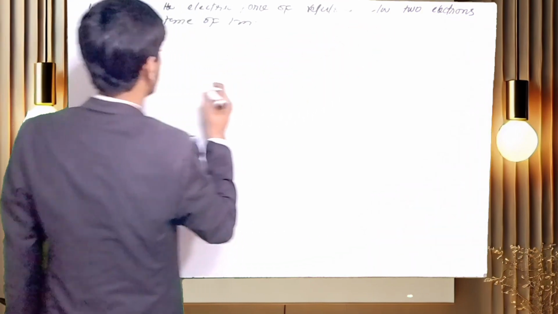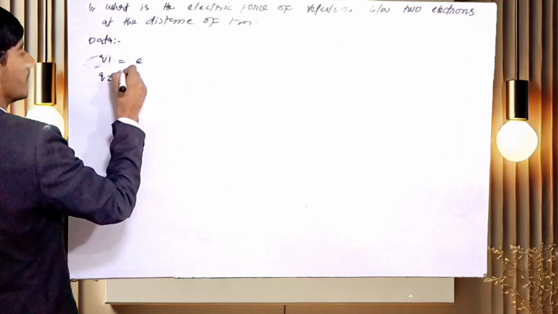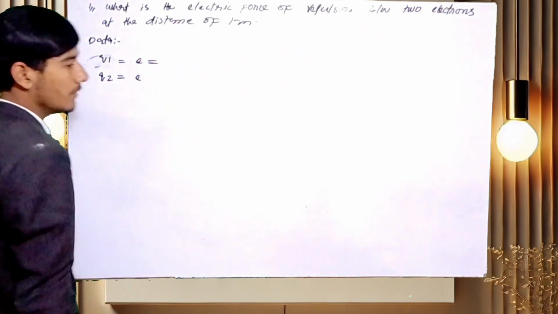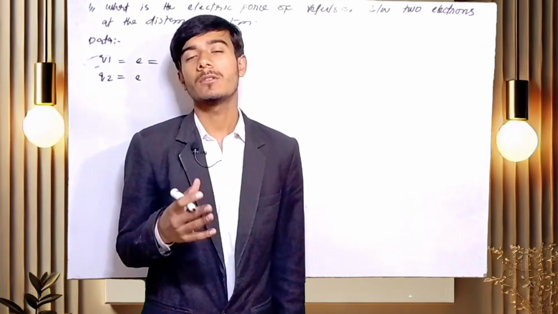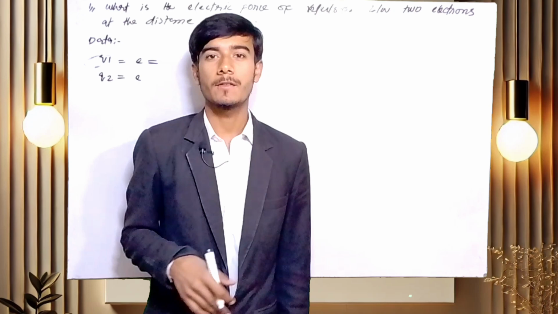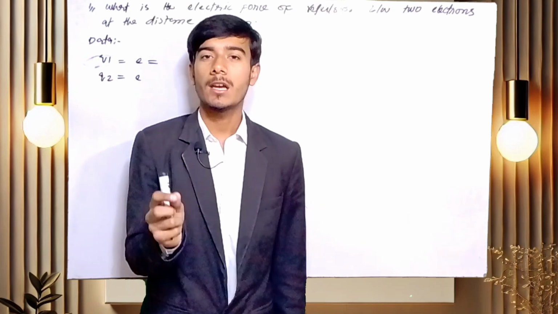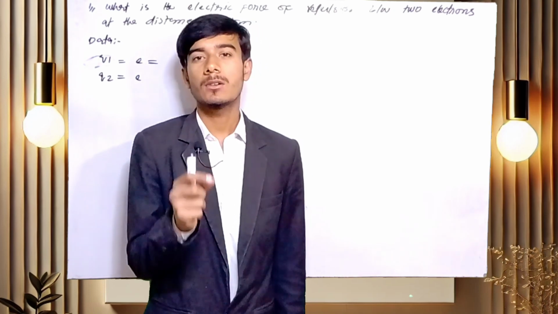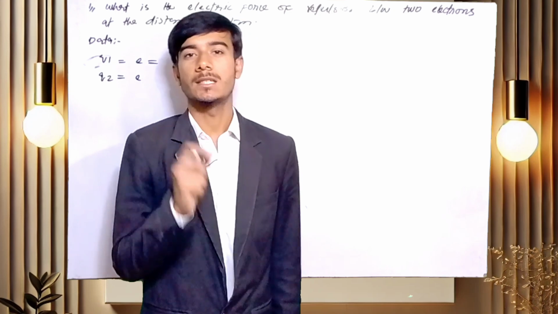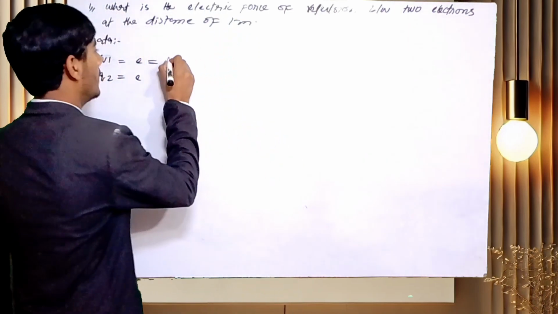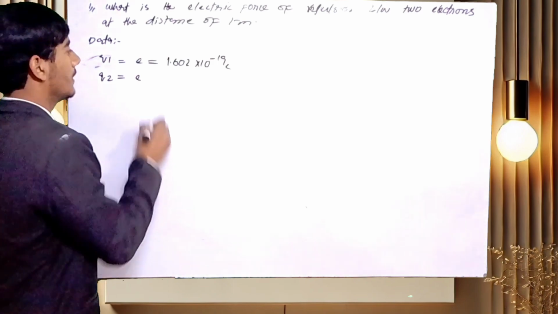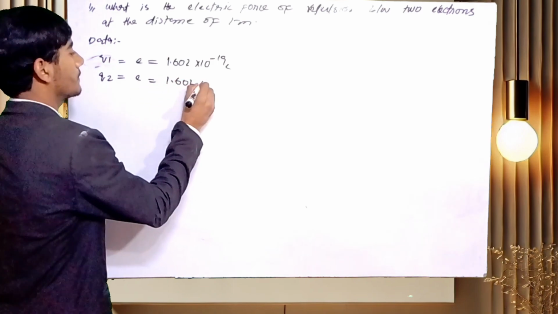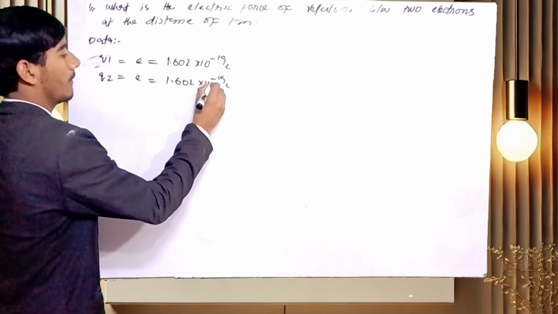Both charges are electrons, and you already know that 1 electron is equal to 1.602 into 10 power minus 19 coulomb. What is the meaning of that? That means 1 electron has 1.602 into 10 power minus 19 coulomb charge. 1.602 into 10 power minus 19 coulomb.